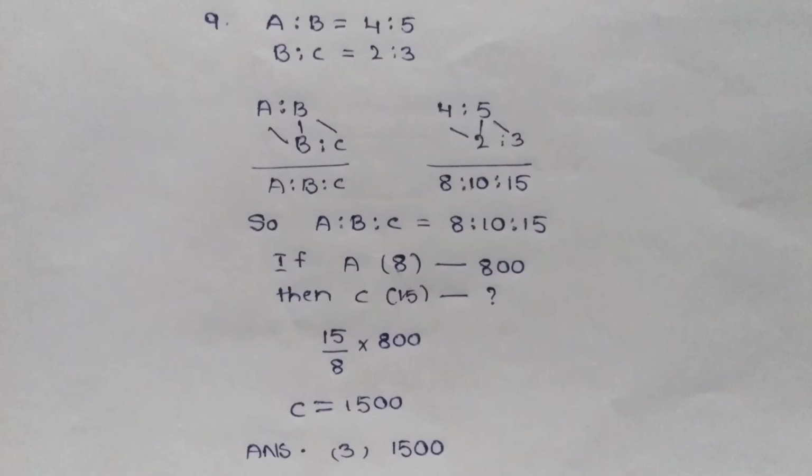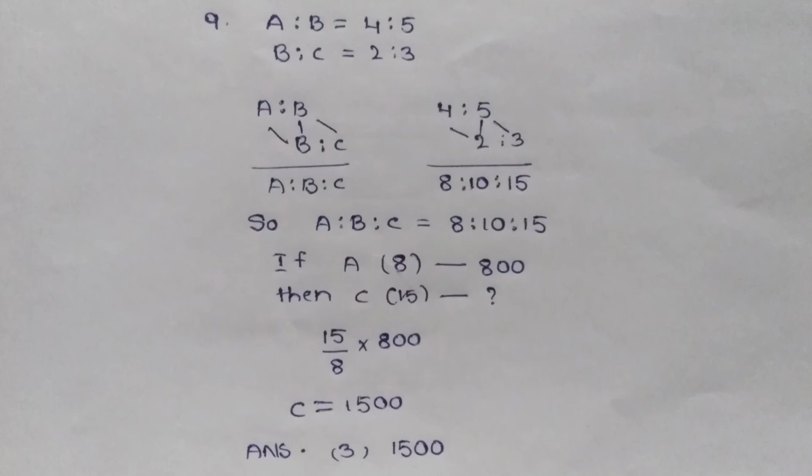If for 8 parts it is 800, for 15 parts we have to find out the value. As I already told you, if we are finding the value of the smallest number, then first write down the smallest number in numerator and the highest number in denominator and multiply with the given number.